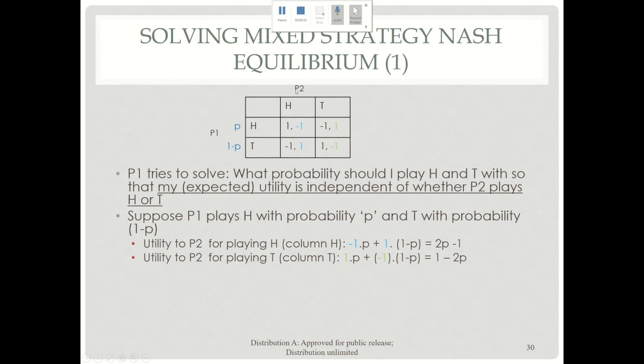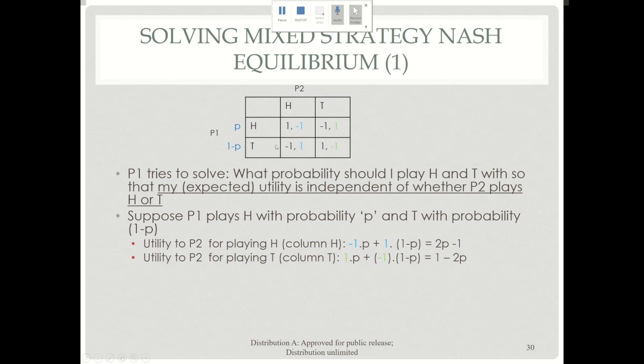So P1 is now getting into P2's shoes and calculating what utility P2 would get for each of its actions. P1 reasons, when P2 is playing H, P2's utility will be -1 times P, because this row is played with probability P, plus 1 times 1 minus P. This is the utility to P2 for playing column H, and it simplifies to 2P minus 1.